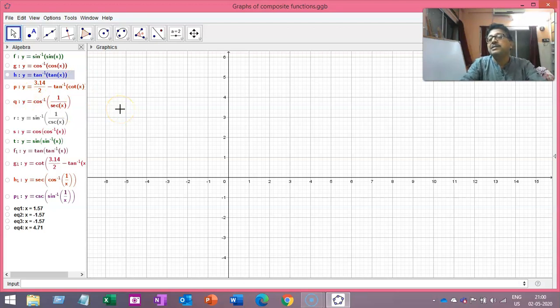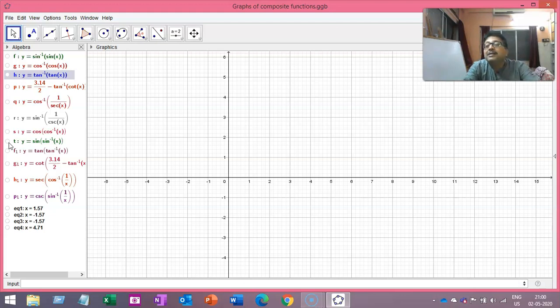But let us see about the function sin of sin inverse x or cos of cos inverse x. Are they periodic? Let's start with sin of sin inverse x. What do you expect here? You say that here also I expect x only. And it may be periodic, may not be periodic.